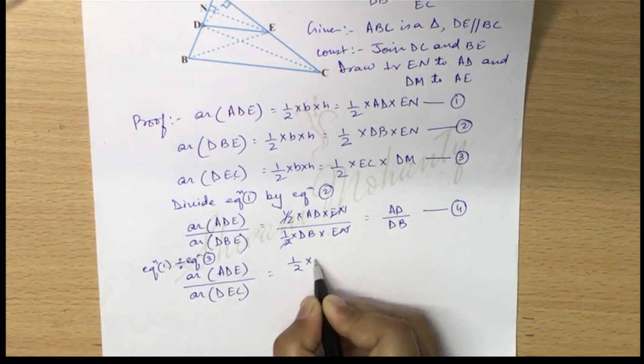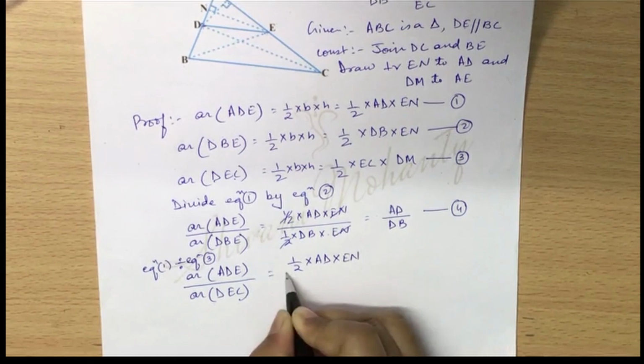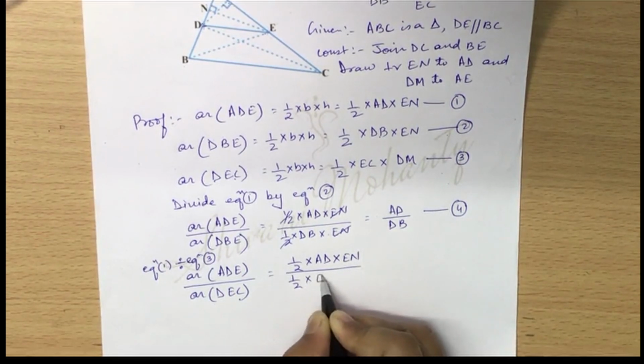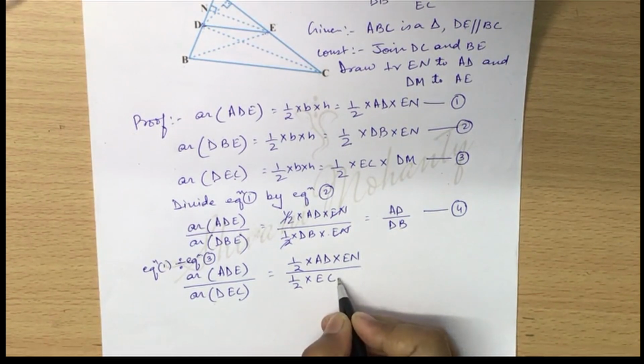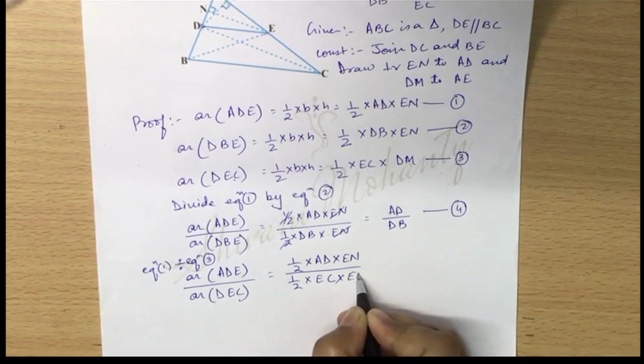Half into AD into EN by half into EC into EN.